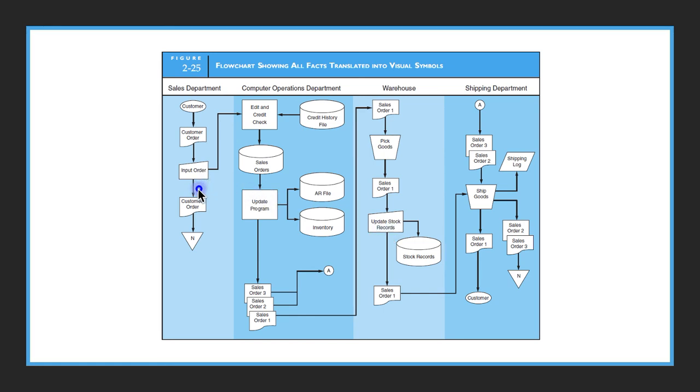Baka ang naunang process is that kung merong customer order, as long as merong tayong stock available, tapos, before the credit check, dineliver agad yung goods sa shipping department, that is not a good sequence.